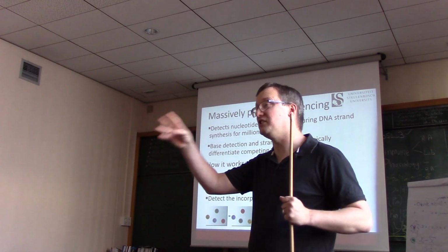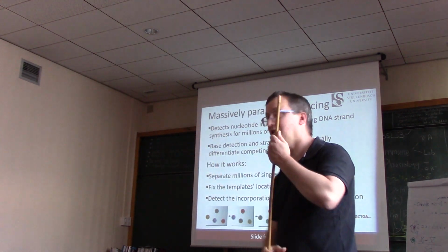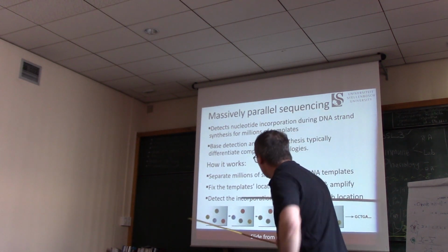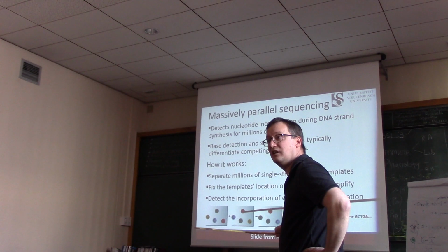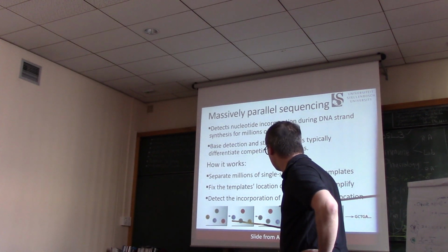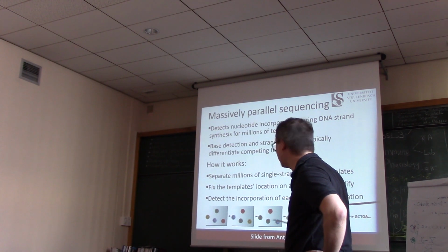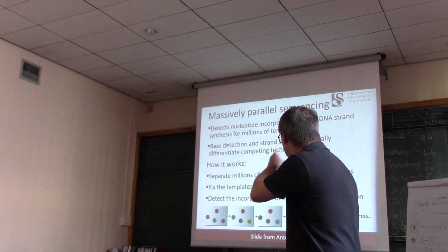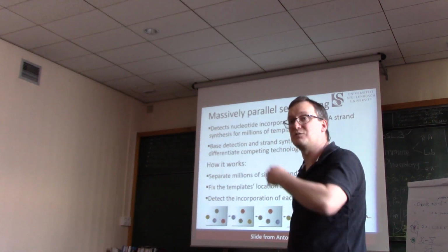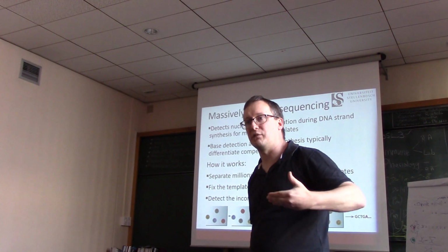When we look at time point 2, we see that we have a different letter in each of those positions. We infer that T is followed by A in the sequence at the top center. It's then followed by an A, then a G, then a T. So we infer that this sequence starts with T, A, G, T, because we have different flashes of nucleotides being incorporated serially.